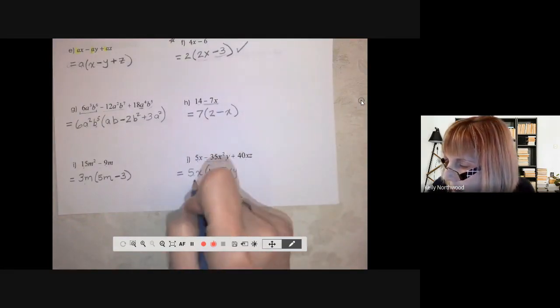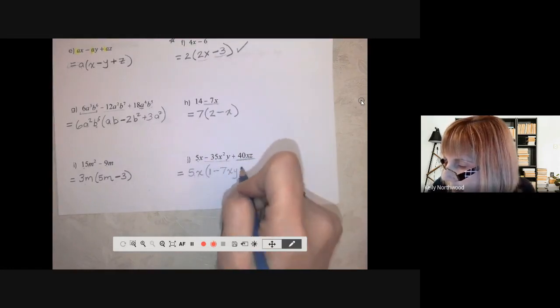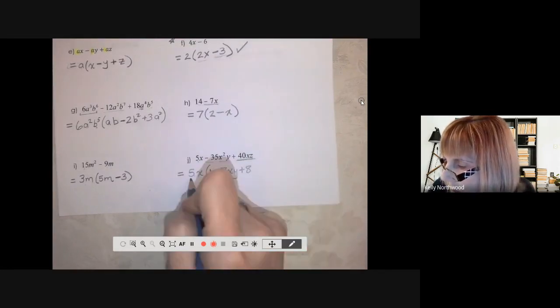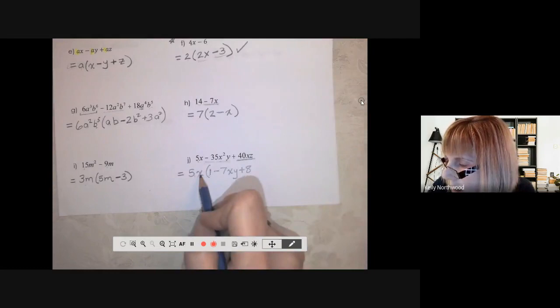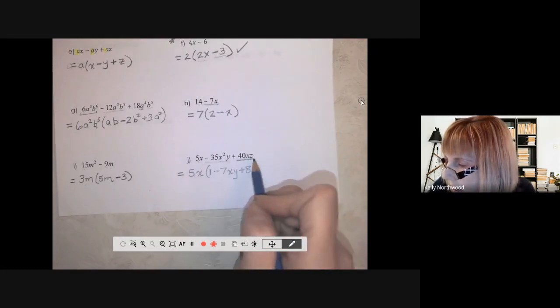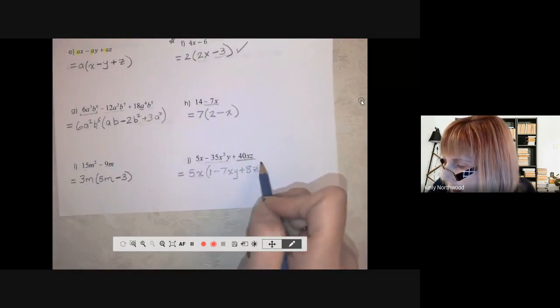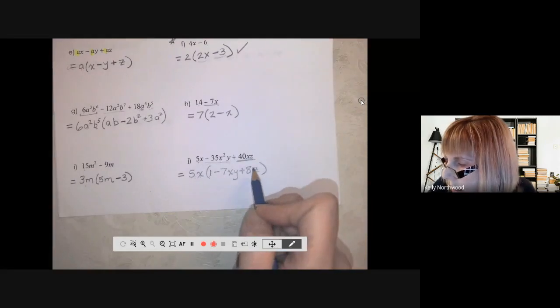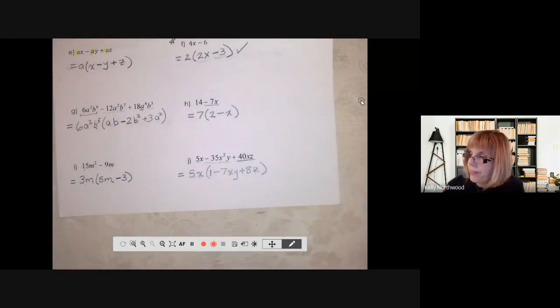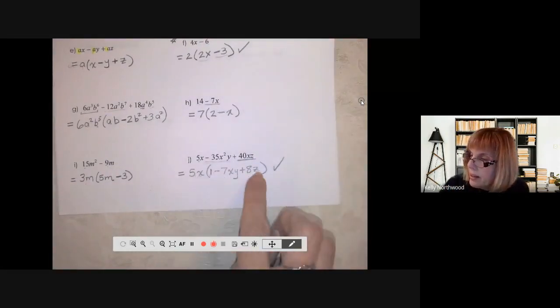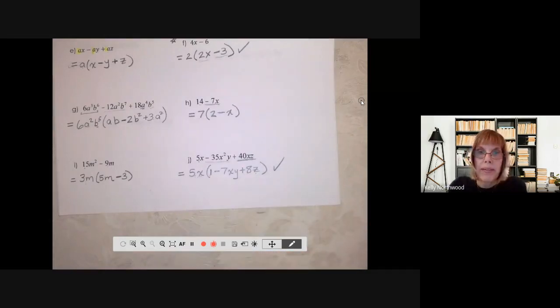What do I multiply 5x by to get 40xz? Positive 8, because 5 times 8 is 40. I already have an x, but I need a z. 5x times 8z is 40xz. And then again, none of the terms inside the bracket have a common factor with each other. So that means that you found the greatest common factor out front.